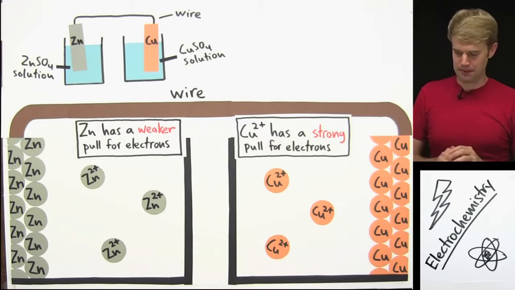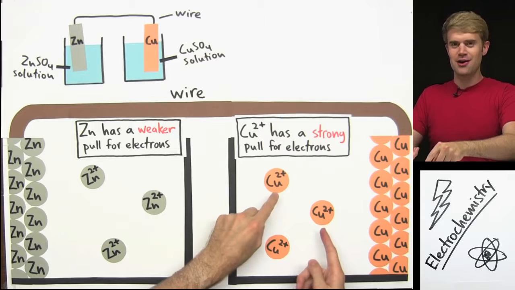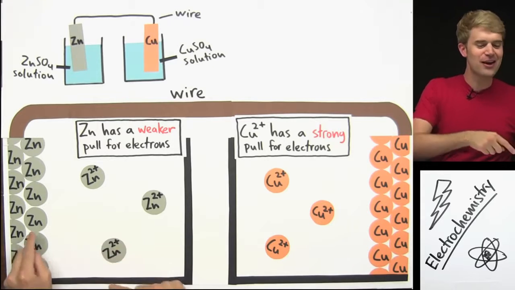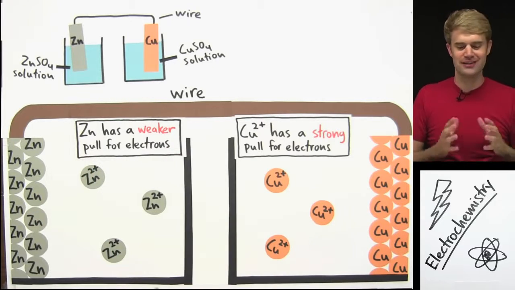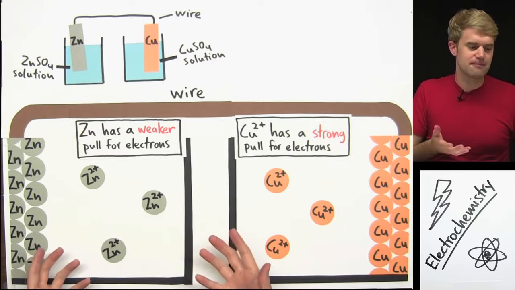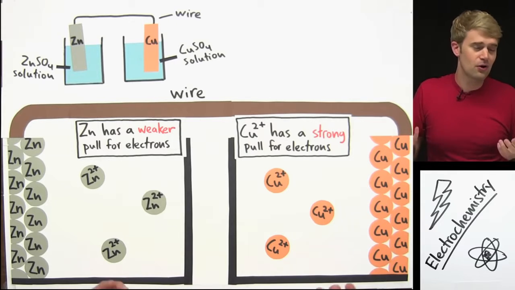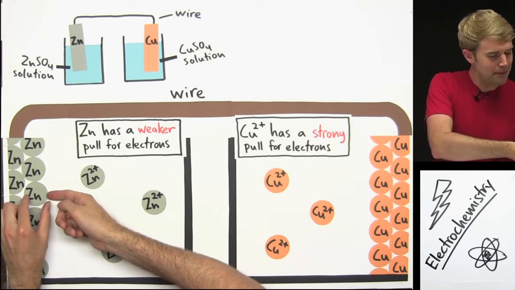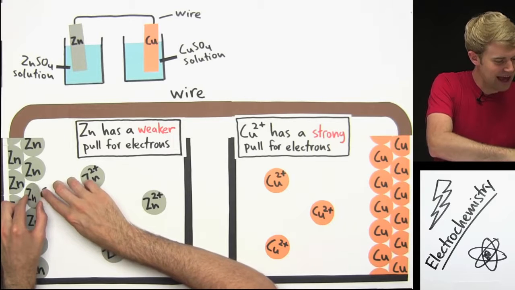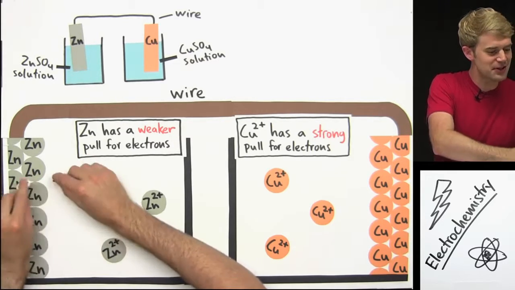Let me show you how this happens. So Cu2+ really wants electrons. So it's kind of like it calls over here to zinc, which has a weaker pull on the electrons, and says, hey, zinc, give me some of your electrons. And zinc's kind of weak, so it's like, oh, okay. And what happens is, let's say this zinc atom here gives away 2 of its electrons.